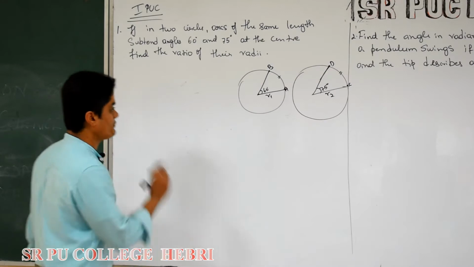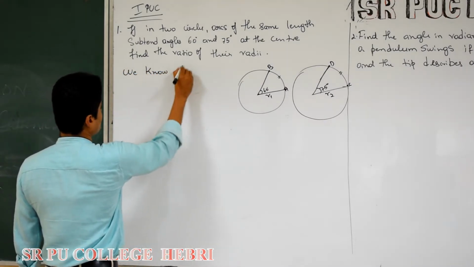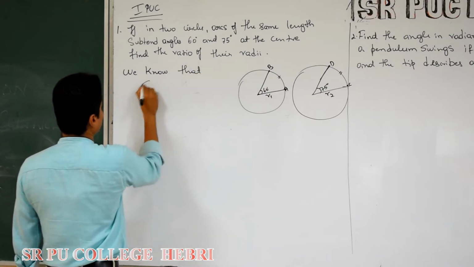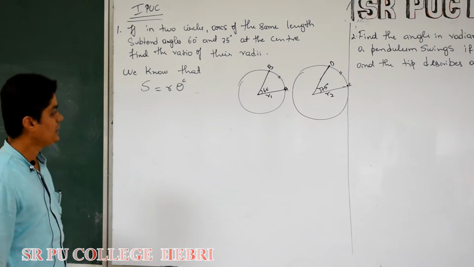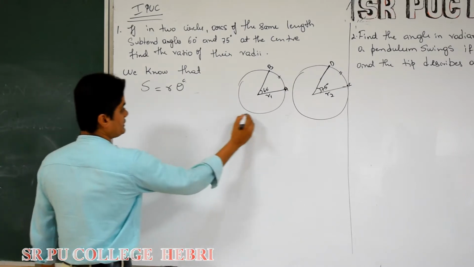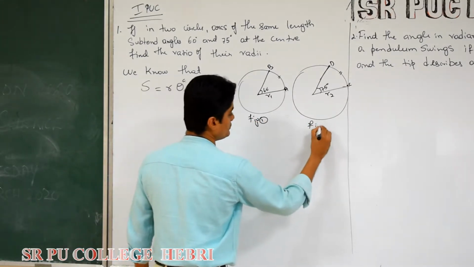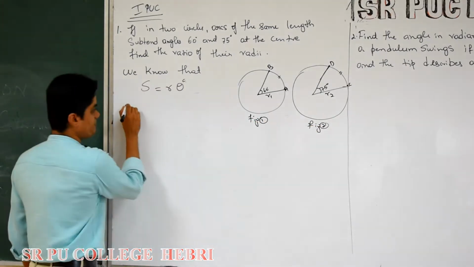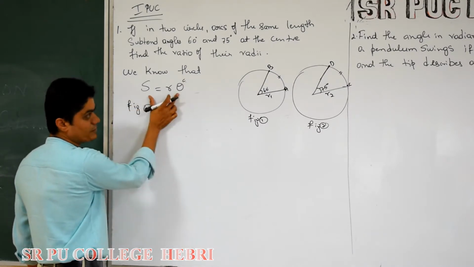Okay. So which formula should we use? We know that. Tell me. S is equal to R theta, in radians. S is equal to R theta radian. Okay. So this is circle 1 of figure 1. This is figure 2. For the first figure, how do we write this formula?